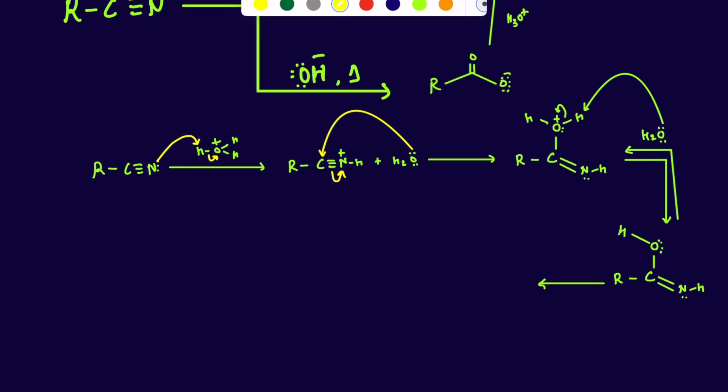In the next step, I can use the acid again to protonate that nitrogen, because remember, at any step in the process, I do not want to be creating a strong base. So when I protonate this, I'm going to copy this down.